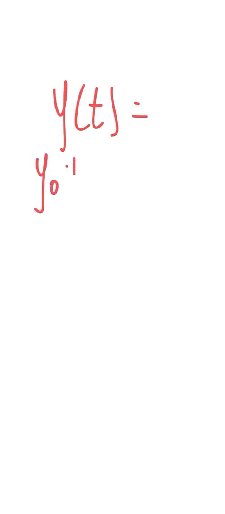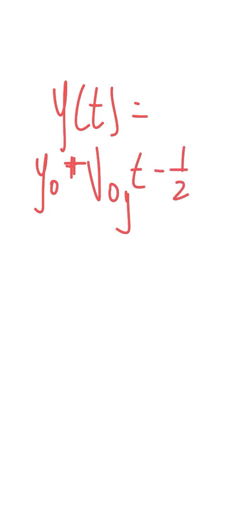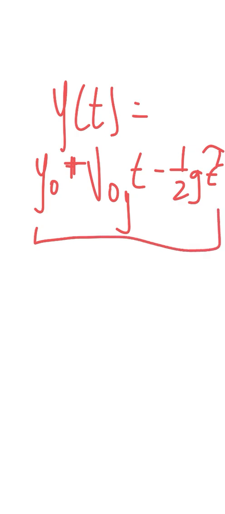So, y of t equals y0 plus v0y times t minus 1/2 gt squared.